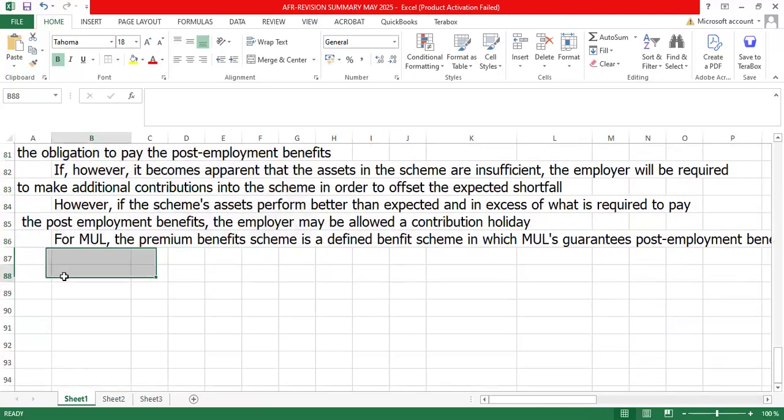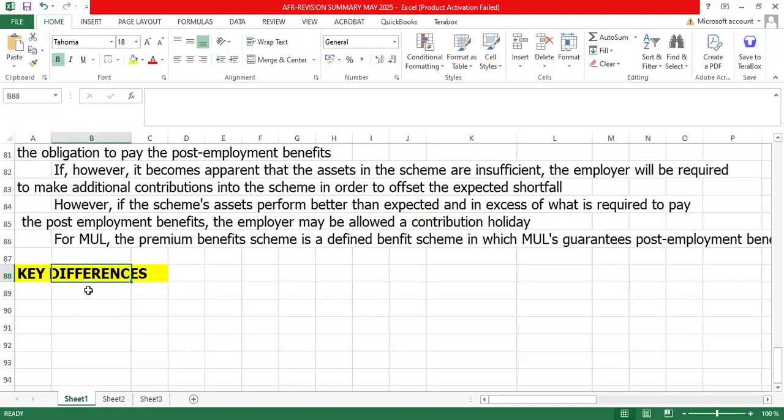So key differences. Just to know that the key difference between the two schemes lies in who bears the risk. That's where the difference is. Only that.